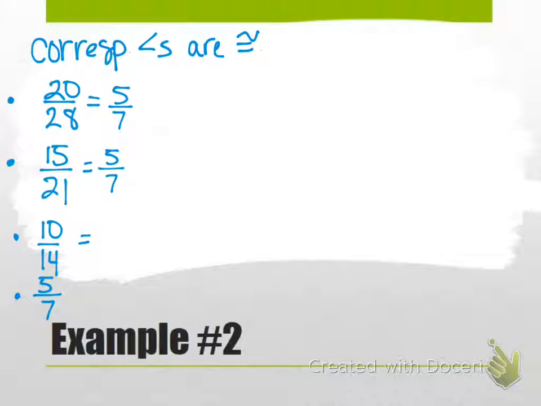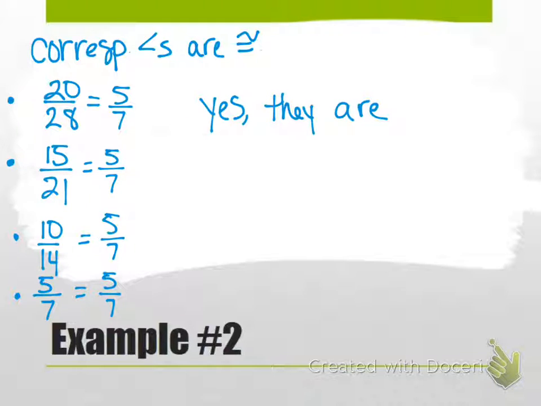The next one, divide by 2, we get 5 over 7. Can the last one be reduced? No, it just stays 5 over 7. So, are corresponding sides proportional? Yes, we got the same ratio every single time. Okay, so yes, they are similar. That was the first thing they wanted us to do.